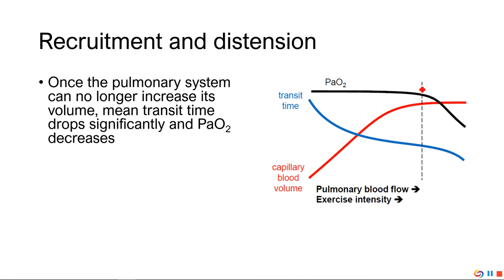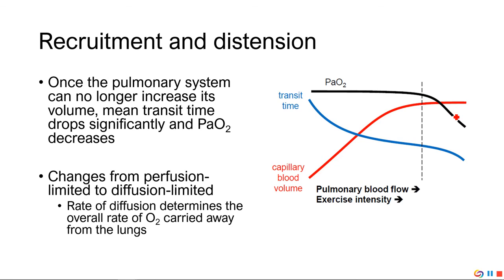There comes a point here where transit time's decreased enough and capillary blood volume is essentially tapped out, that at this point here, transit time has dropped so much that we can't have complete equilibration, and so arterial oxygen starts to decrease. And so we go from being a perfusion limited person to a diffusion limited person.